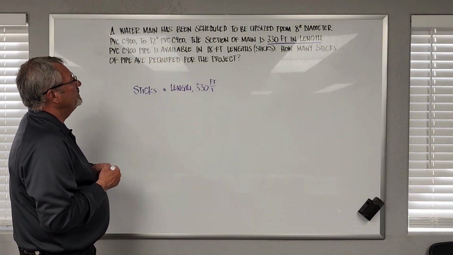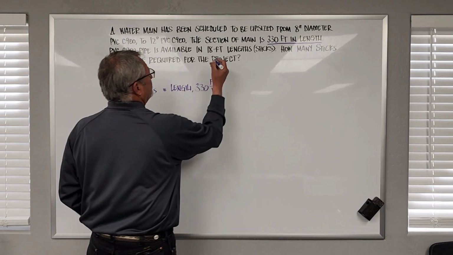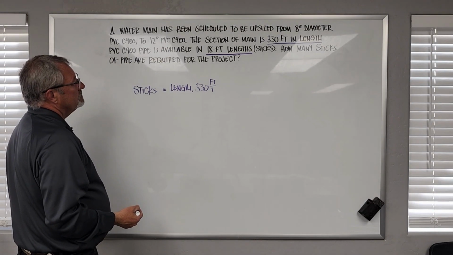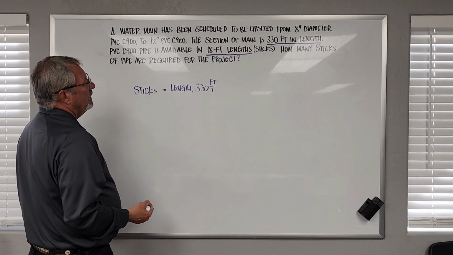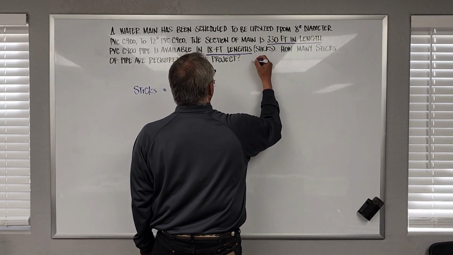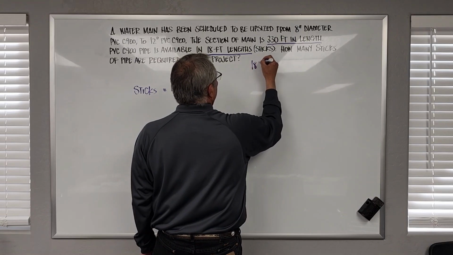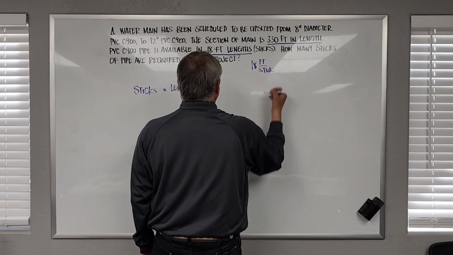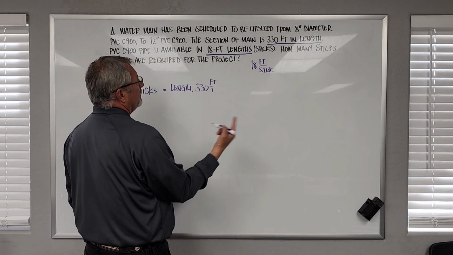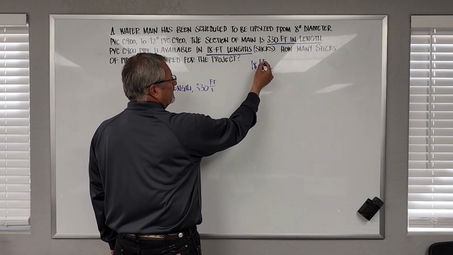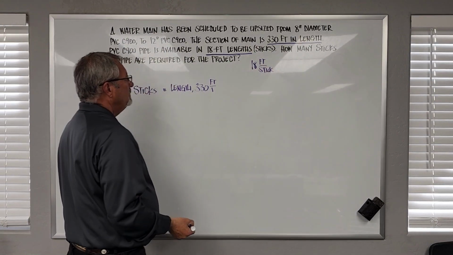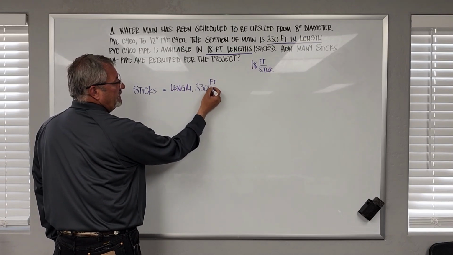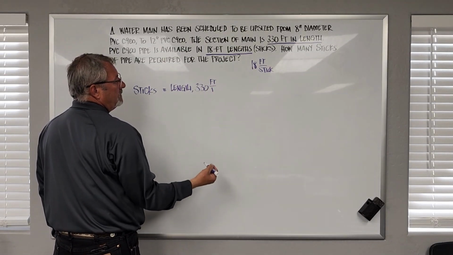So we also know that each stick of pipe is 18 feet in length. And I'm going to write that down as 18 feet per stick. So when I write that down, this unit of measure, 18 feet over stick, I notice that feet here is over 1.